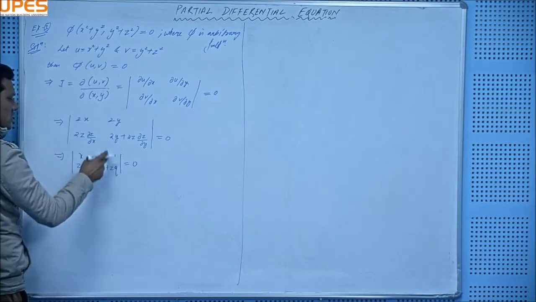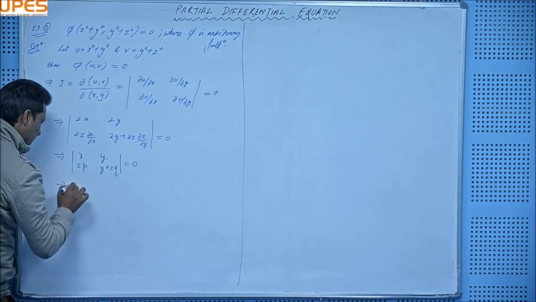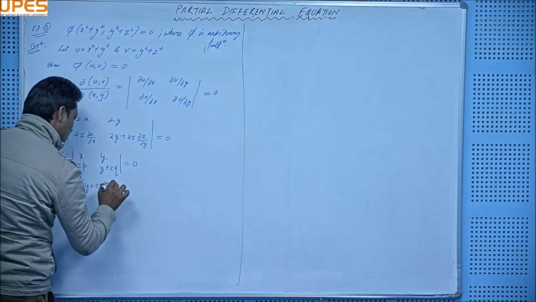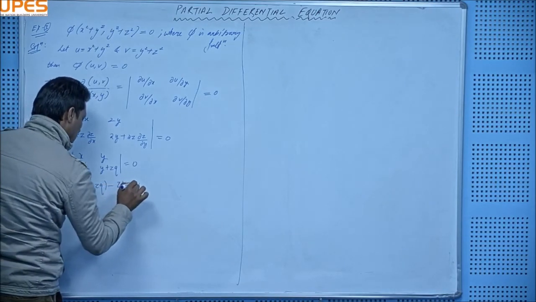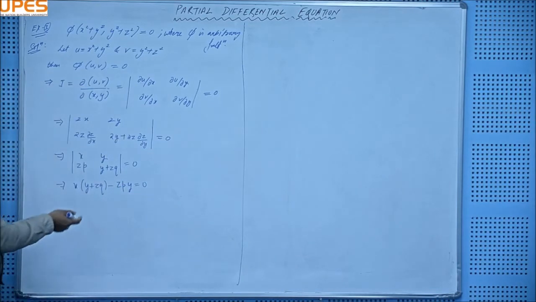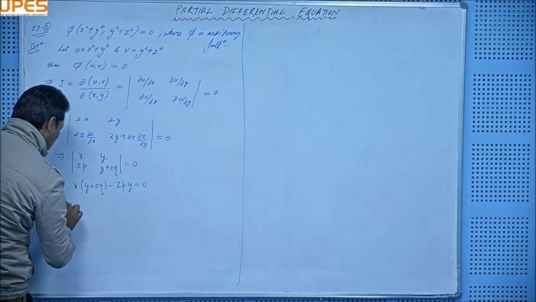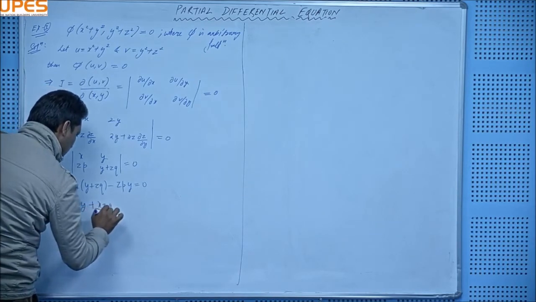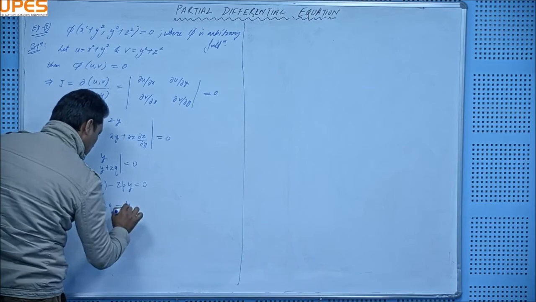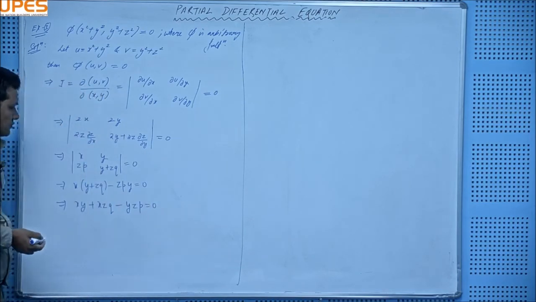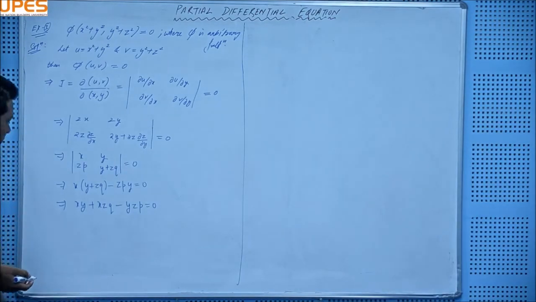Now it only remains to multiply these, and I will get x into y plus zq minus zpy equal to 0. I think this is the answer. Or you can multiply it and write it this way: xy plus xzq minus yzp equal to 0. So this is the answer.